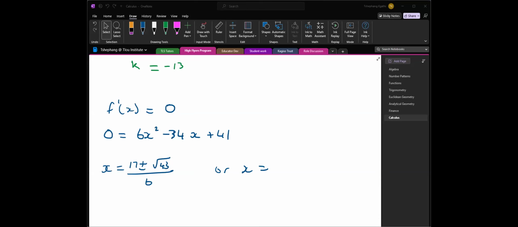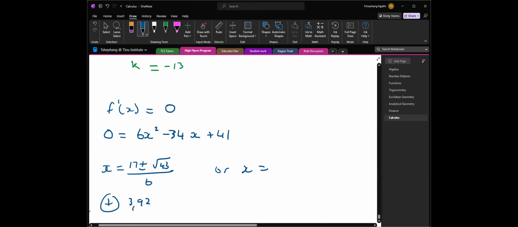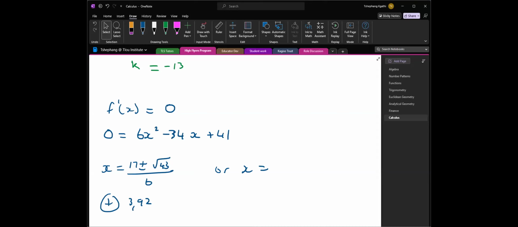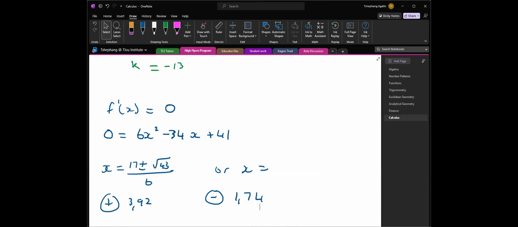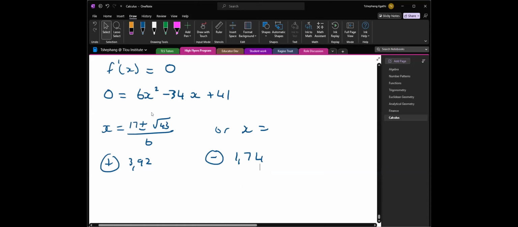The positive one is going to be 3,92. The negative one will be 1,74. Those are our turning points.